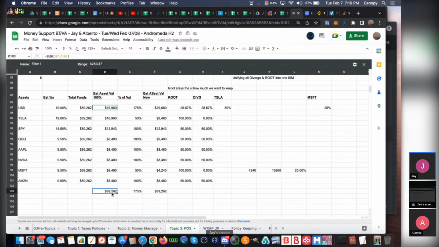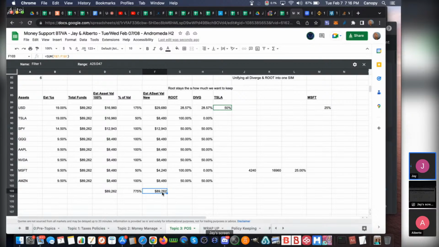Yeah. So then after all the changes of buying and selling, in this case, we sold the Diverge Tesla and we sold the Microsoft assets, and we turned it into US dollars, right? And we know that these are the correct percentages because when we do 175% of US dollars, it comes out to the exact same amount of money, which is $89,262 of assets.